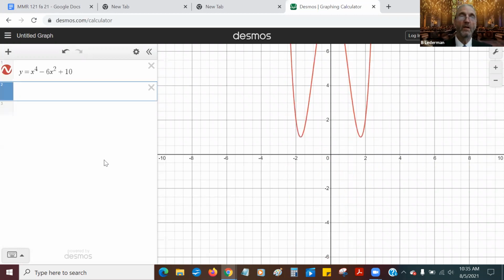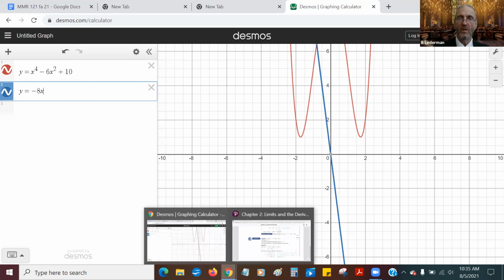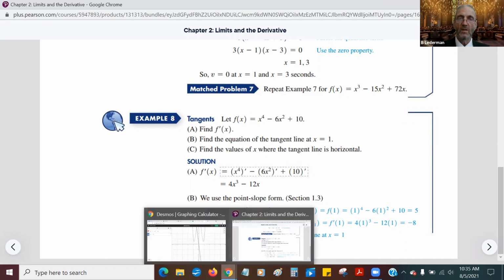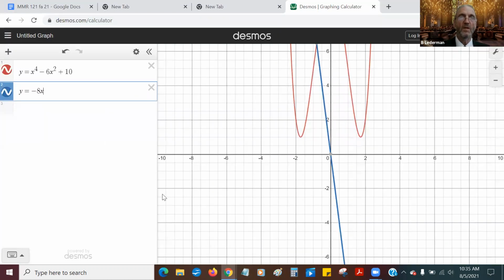And then the other function was y equals negative 8x plus 13. So let's see if this actually holds up.